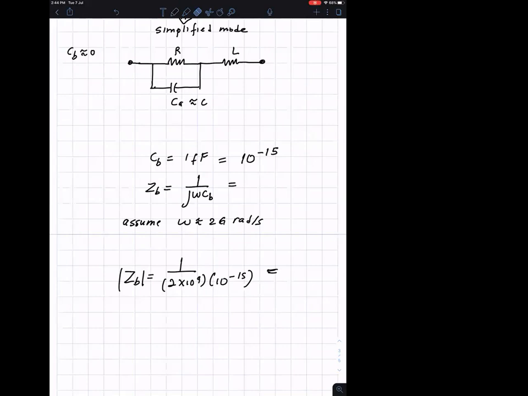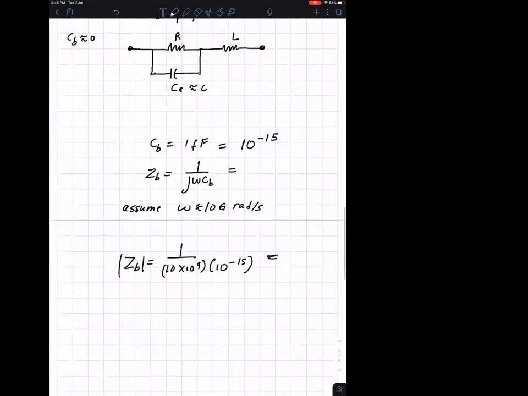For simplicity again, I'm going to make this much bigger, 10 gig. Slightly bigger frequency is much better to prove this point.